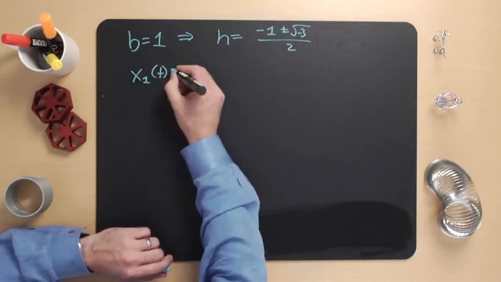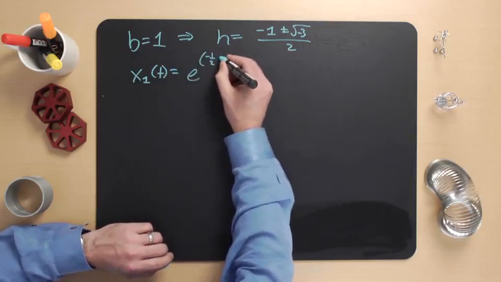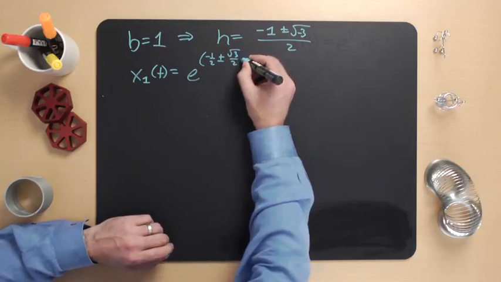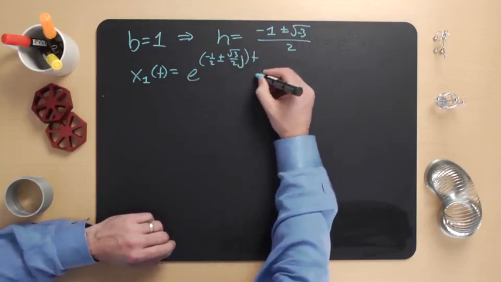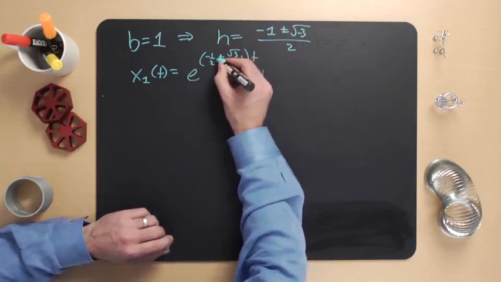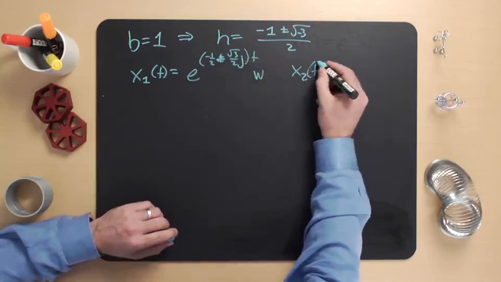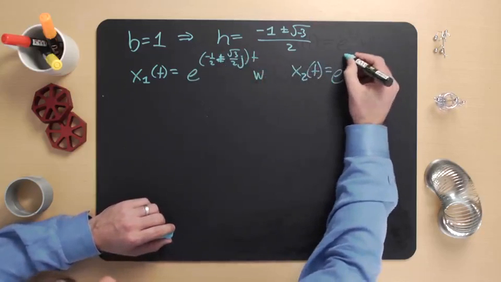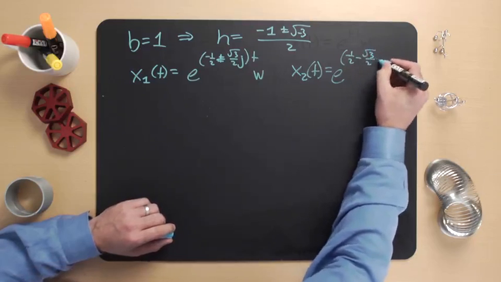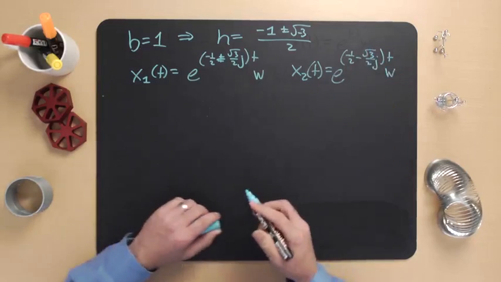x1 of t is equal to e to the minus 1/2 plus or minus the square root of 3 over 2 times j, all times t times w. Now, here, I'm going to only choose the plus version. And now my second solution becomes x2 of t is equal to e to the minus 1/2 minus the square root of 3 over 2 j, all times t and times w.